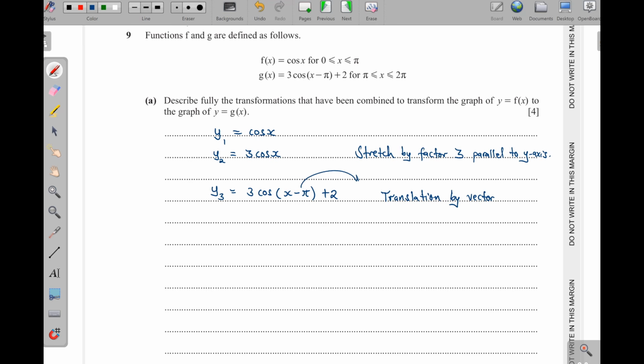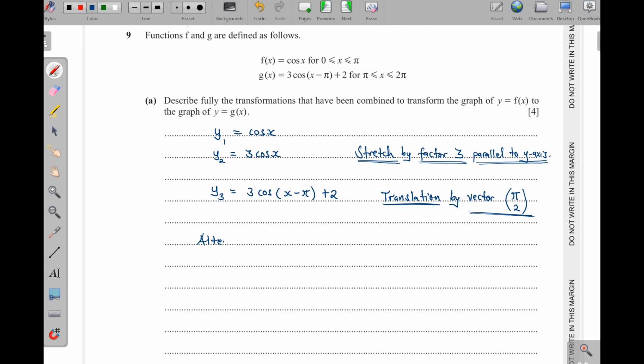When this one pops out, it comes out as a positive, so it will be pi. Then this one here is the movement in the y, which is a 2. So this is what we are having here, translation by this vector, and then stretch by factor 3, which is parallel to what? To the y-axis. So those are the transformations we have there.